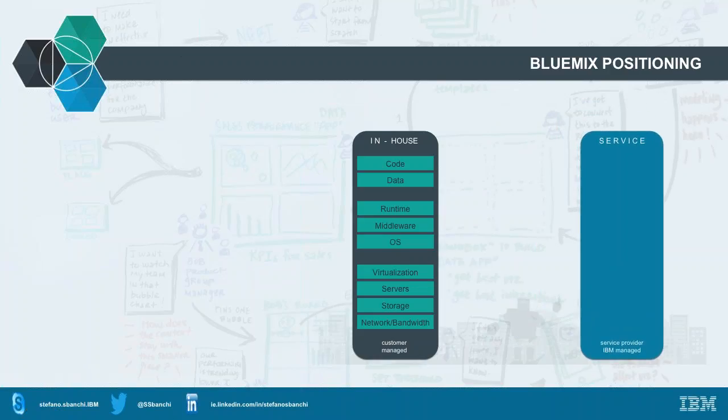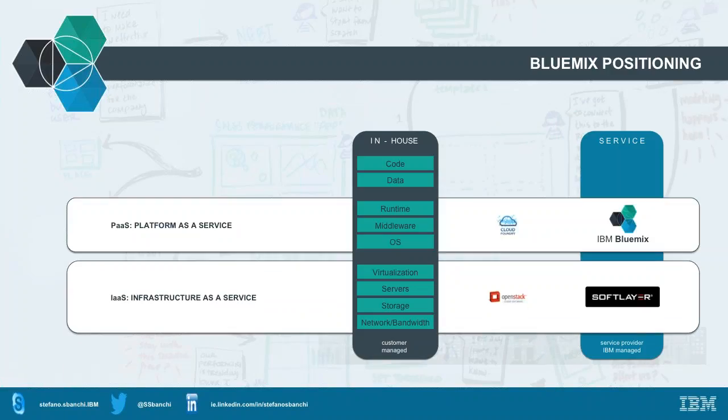So if you take a look on the normal on-premises IT, you will see that the organization takes the full responsibility for the setting up, managing, maintaining, and scaling everything from the back end to the front end. And usually the organization needs to do this every time they start a new project. With the cloud business model for the infrastructure as a service layer and for the platform as a service layer, the organization may use a service provider for either the infrastructure, platform, or even the software, or all of them.